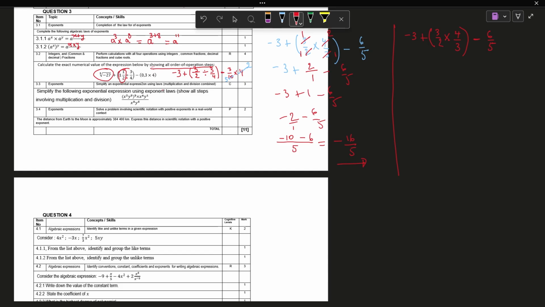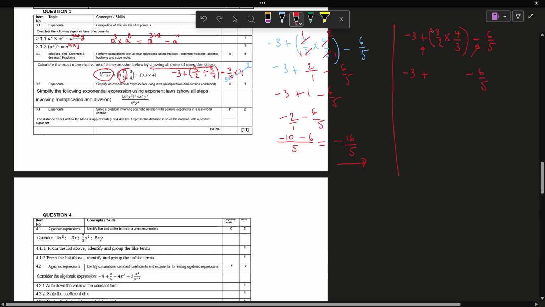From here, what would be the next step? So you got minus 3. Next order of operation here will be multiplication, because you cannot do addition or subtraction before you do multiplication here. So you keep the same, minus 6 over 5, but you need to do this bracket first.